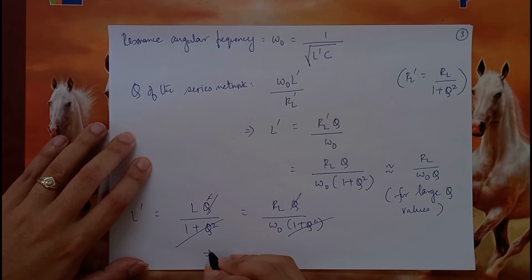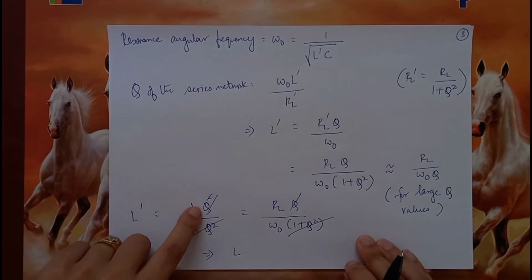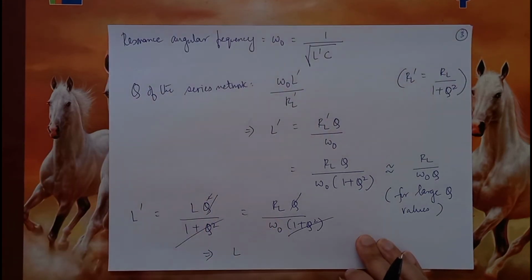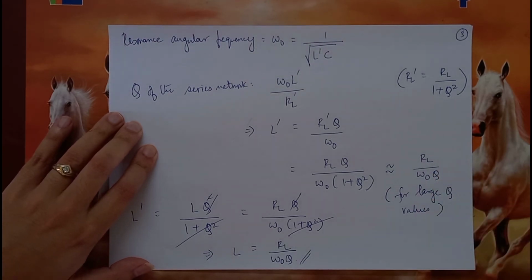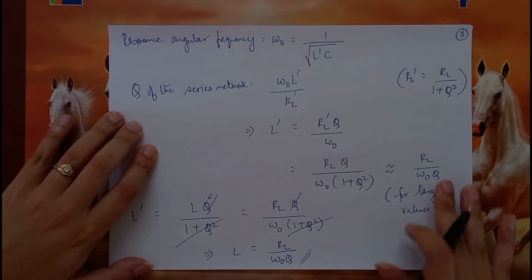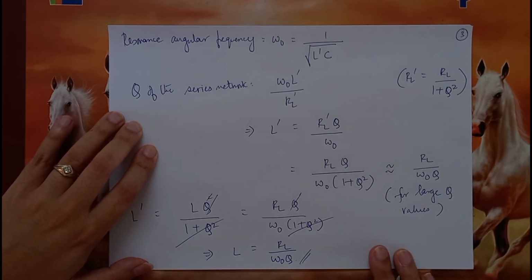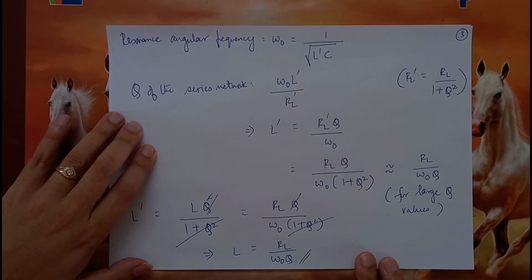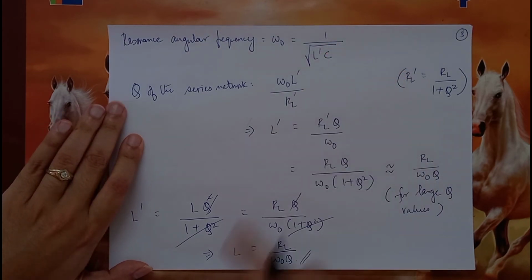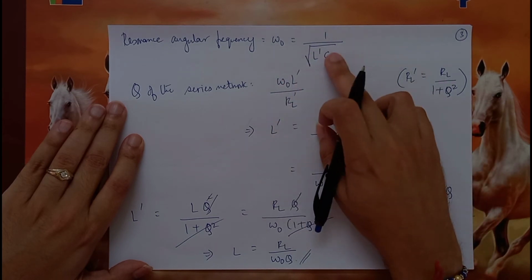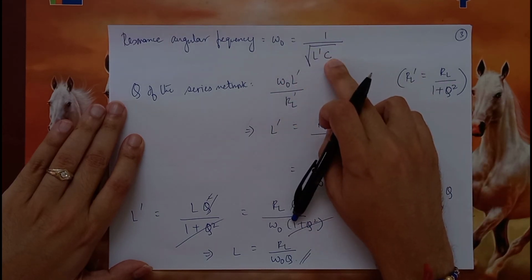So then that means this Q will come in the denominator, that is RL by omega 0 Q, which is very similar to what we have got. So irrespective of whether the Q is large or small, this is what you get. This is the value of L that you will need. And once you know the value of L, you can substitute it over here and get what is omega 0, and from that you can find out what is C.